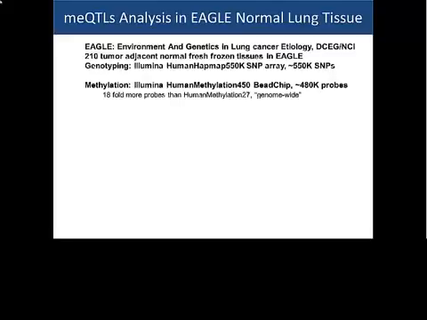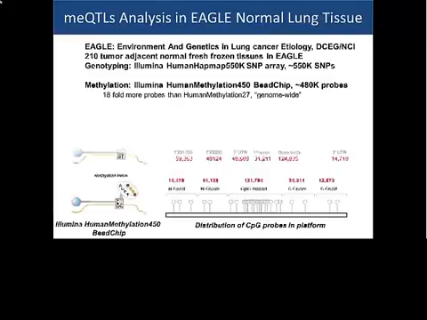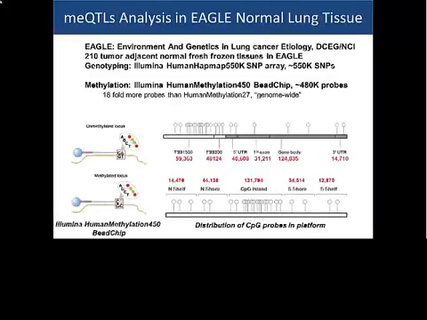And then we used the new Illumina Human Methylation 450 platform to profile the genome-wide methylation. This platform has provided much more detail compared to the previous generation of the platform. In particular, we can see that this platform covers almost all of the categories of the genomic regions.